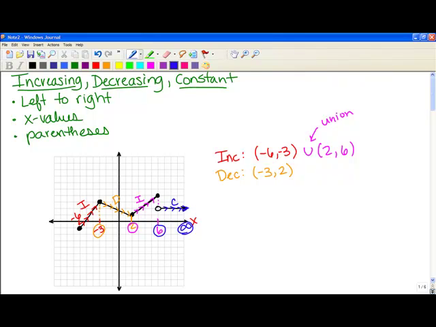Now, if we had an arrow on the left side over here, it would be going towards negative infinity. Sometimes you'll have those in the answers. Alright, so constant from 6 over to infinity. Since we're using parentheses, we don't need to worry about any open points or open dots at all. So that would be our answer for this problem.